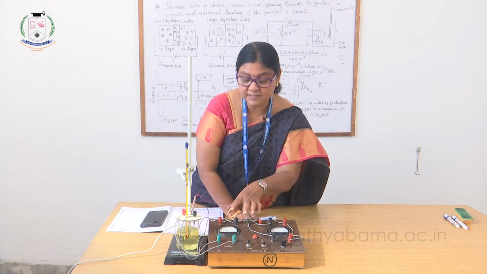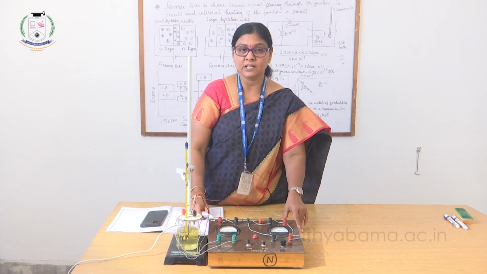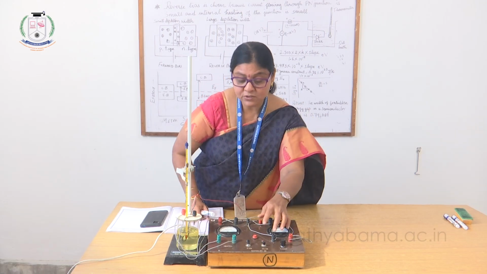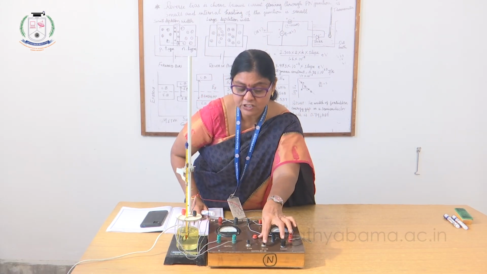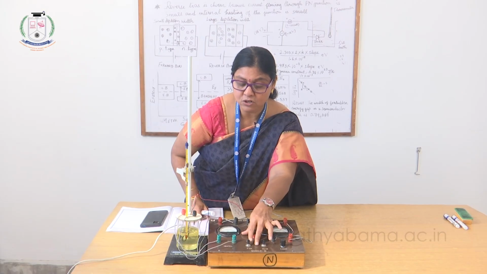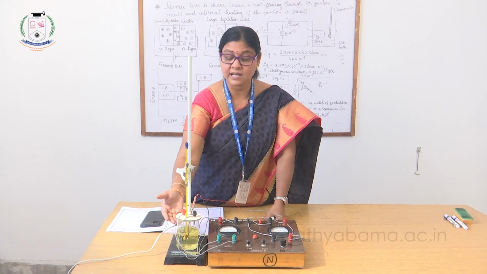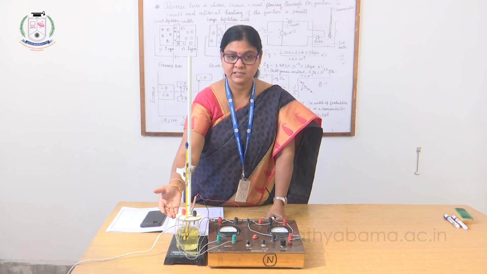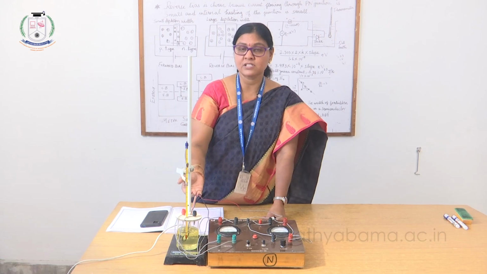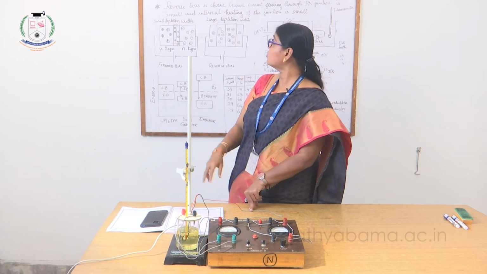Once this is ensured, you know that your circuit is working. Once you confirm that, we will switch off the battery connection and switch on the heater so that the liquid starts getting heated. So we are going to study, as I told you, the energy gap.